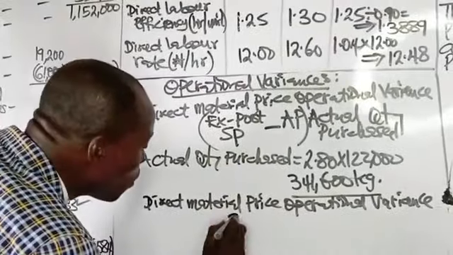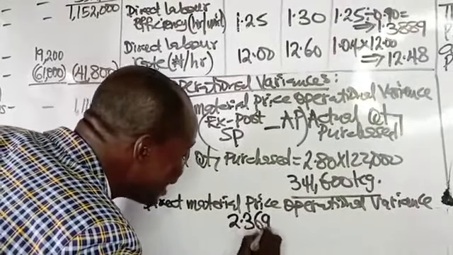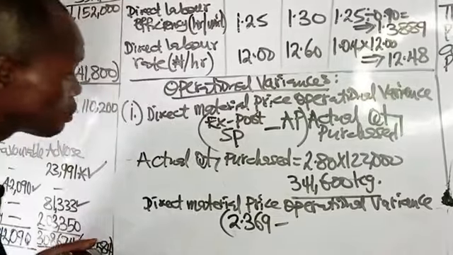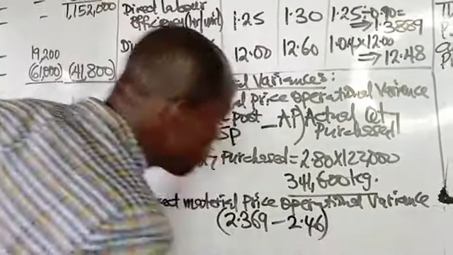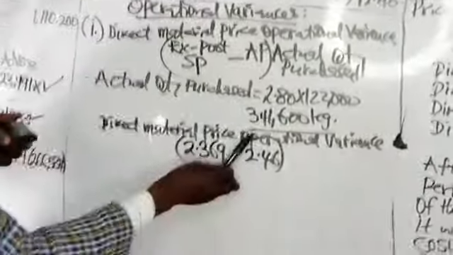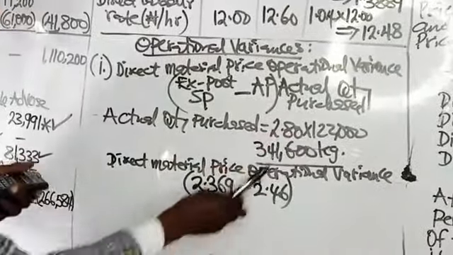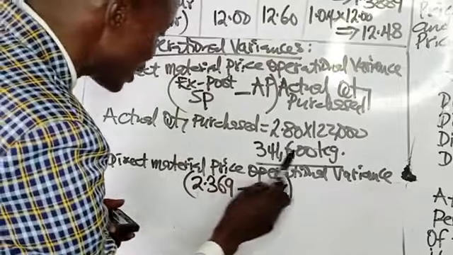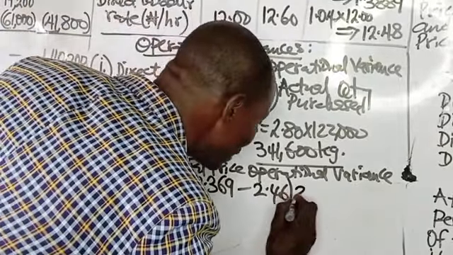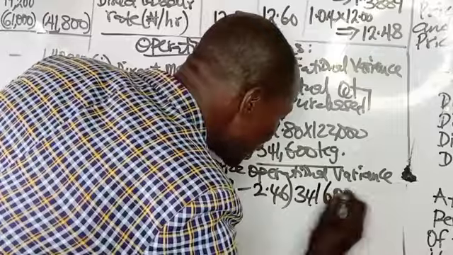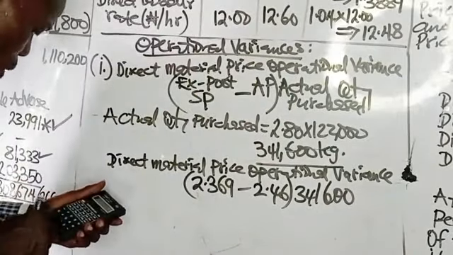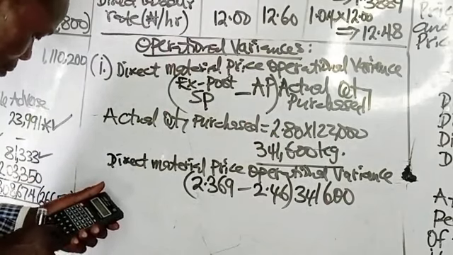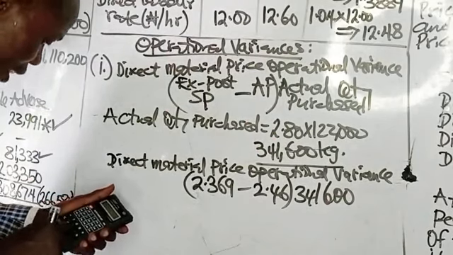So 2.369 minus 2.46, multiplied by the actual quantity purchased, 341,600.